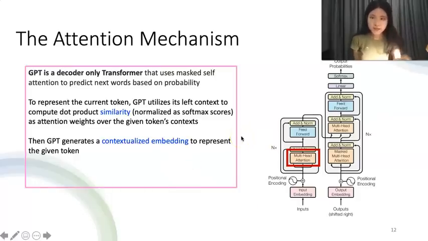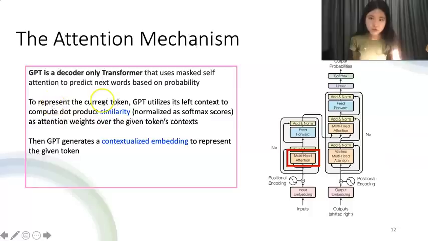So before we really get into the attention mechanism, I want to mention to you that this is the transformer architecture. But GPT is a decoder-only transformer that uses masked self-attention to predict next words based on probability. As you can see here, the right part of this architecture is the decoder.